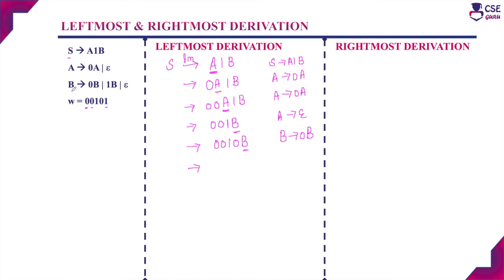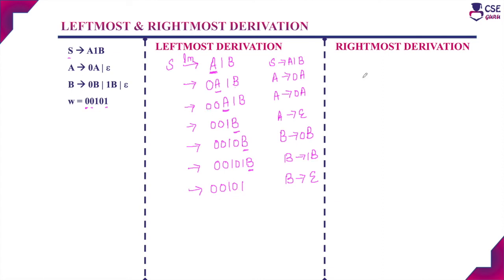So apply the production rule B tends to 1B. So now if you are checking here, 00101 already we got. So we have derived the string and one non-terminal is there. So apply the production rule B derives epsilon. So now we have derived the string 00101 using the leftmost derivation.